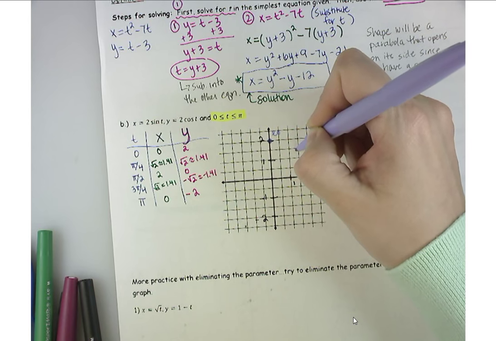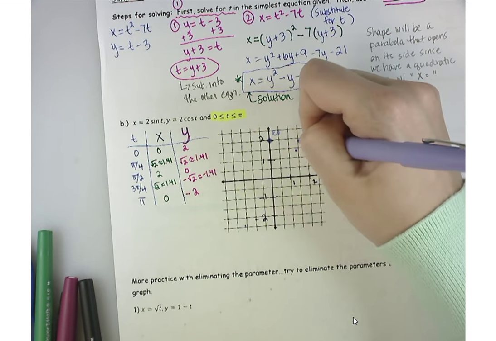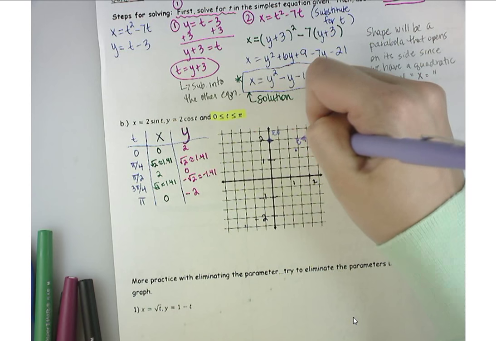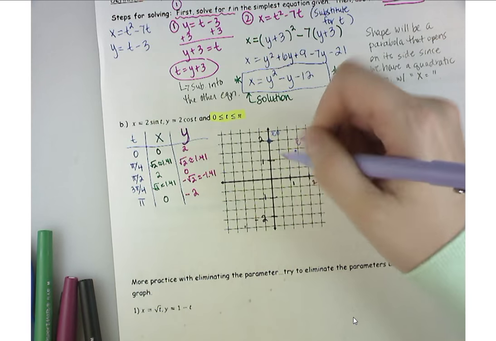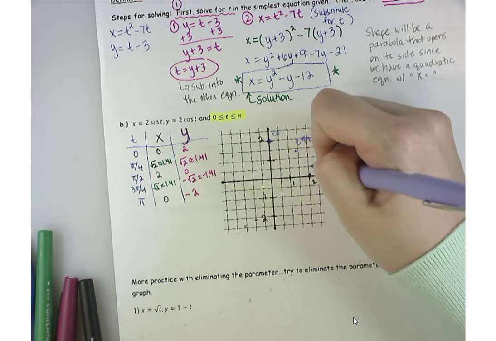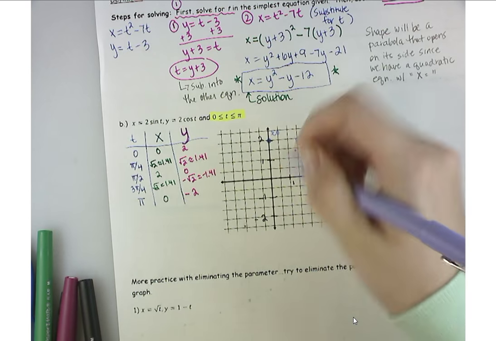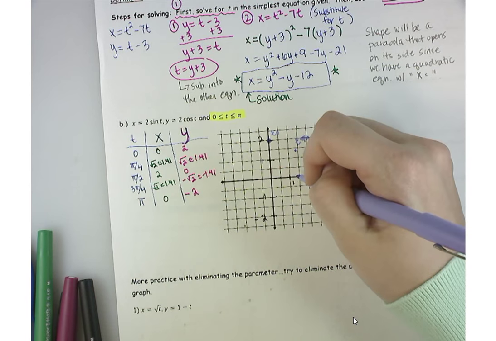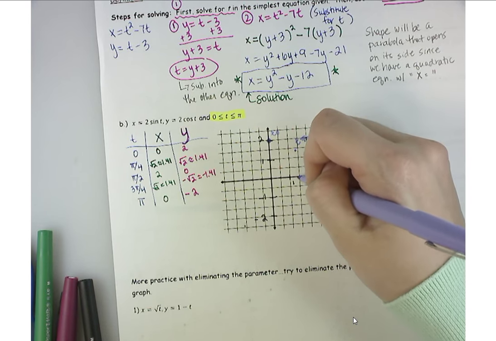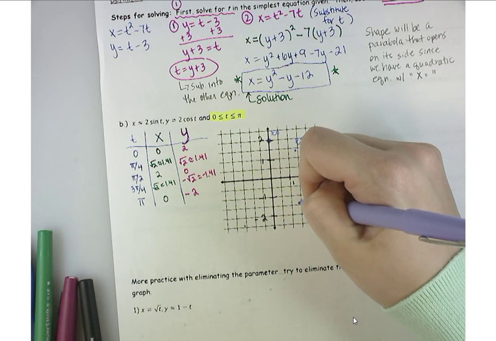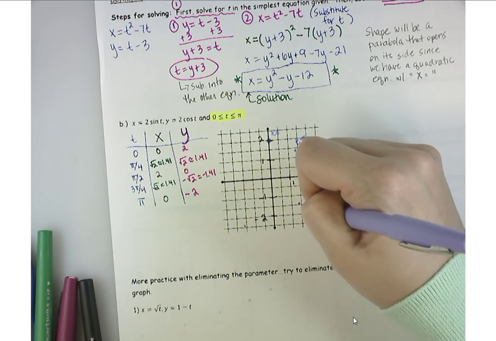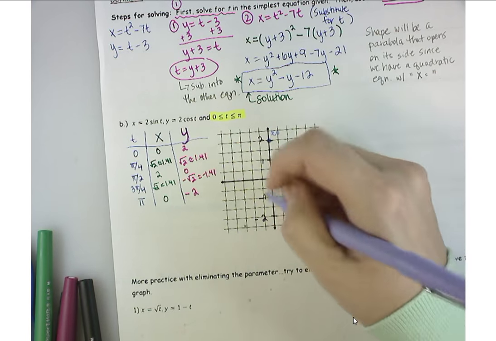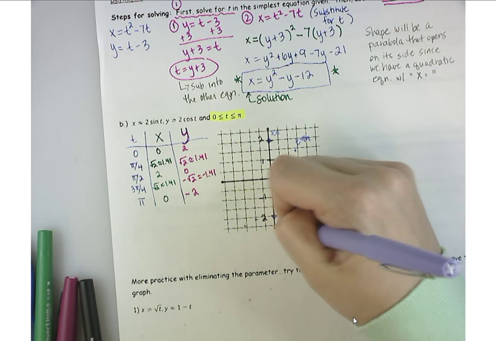And that's going to be t sub pi over 4. Okay, and then the next one is 2, 0, which is t sub pi over 2. And then you have 1.41, negative 1.41, which is t sub 3 pi over 4, and then t sub pi.